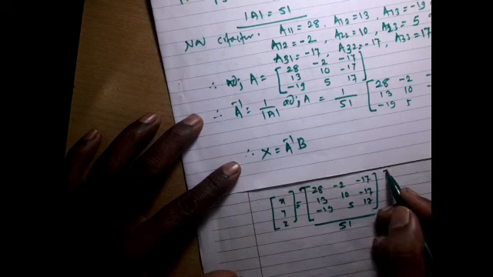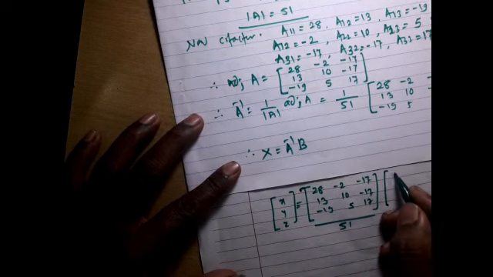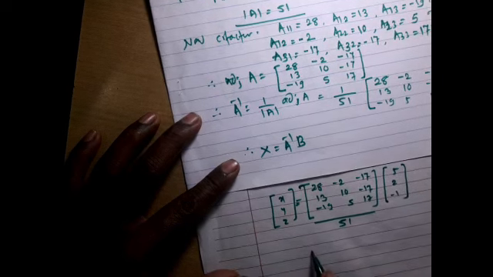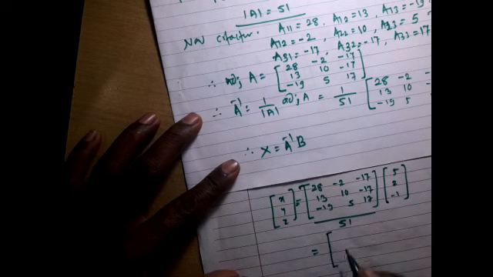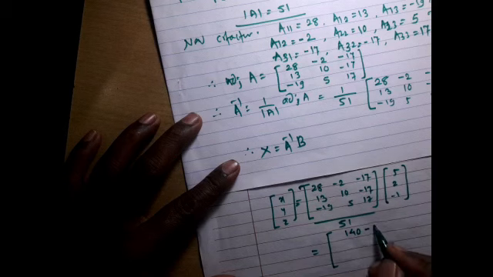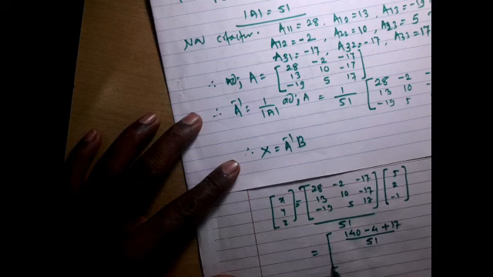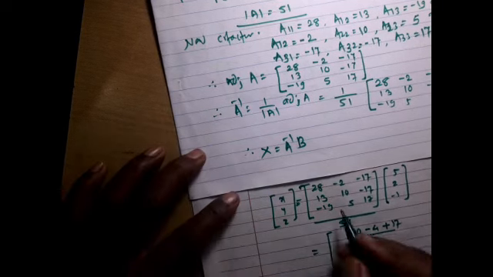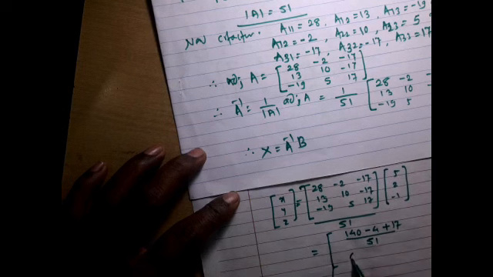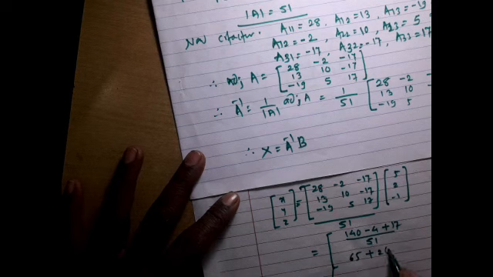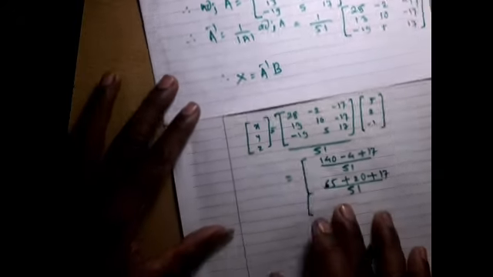upon 51 into 5 2 minus 1, and this is equal to 28 into 5 is 140, this is minus 4, plus 17, divided by 51. This is the first element. Second, 13 5s are 65 plus 10 2s are 20 minus 17 divided by 51.